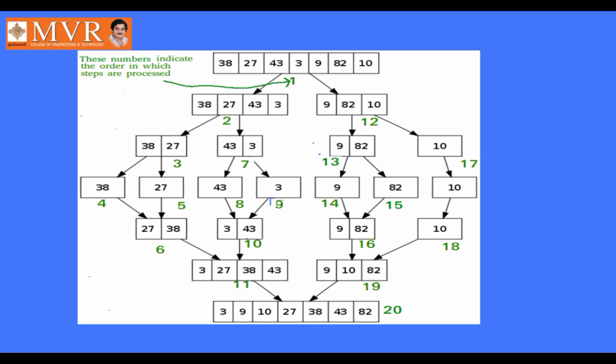If you have no idea of this process, then you can follow those steps. 1 is divided into two halves, then 2 is divided into two halves. Like that I have divided and given the sequence numbers. You can do it like this, or you can follow the simple technique. This is an easy and simple procedure, you can easily understand.